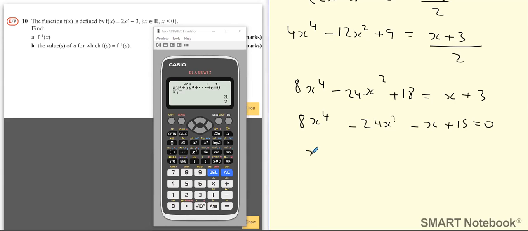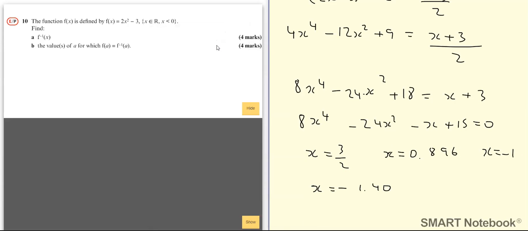So I'm getting x equals 3 over 2, x equals 0.896, let's just call it, x equals minus 1. Are there any other solutions? x equals minus 1.40, let's just call it that.